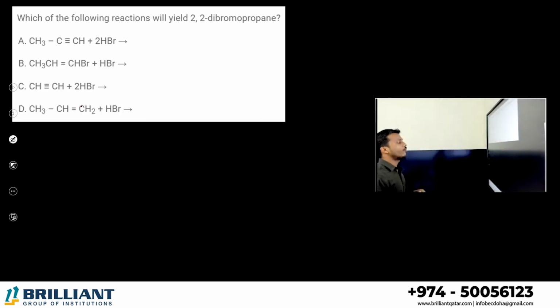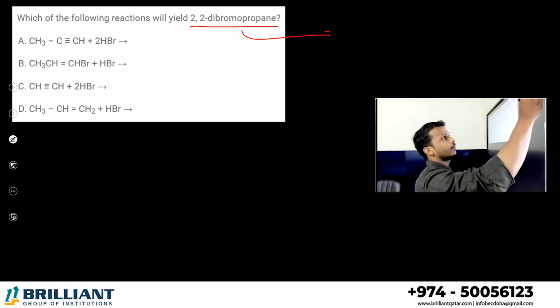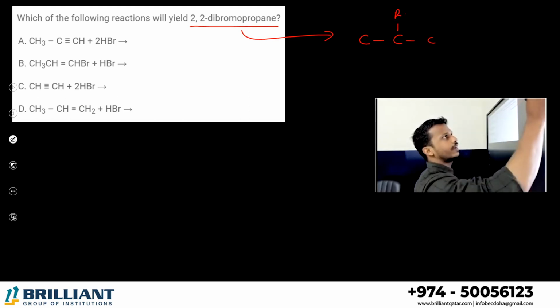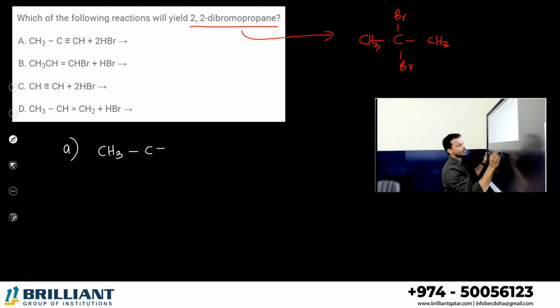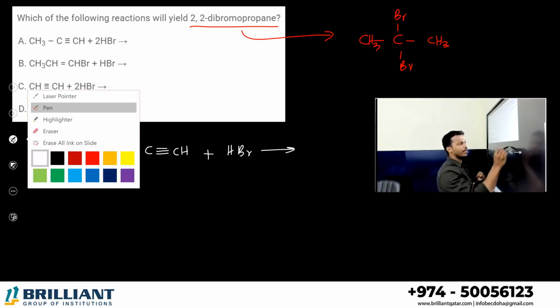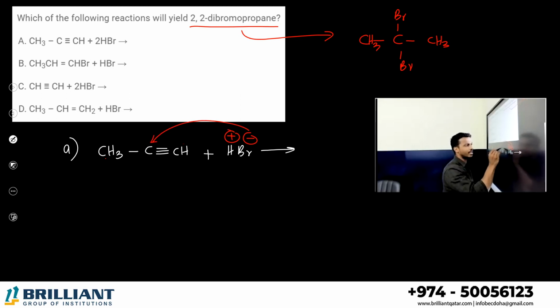Then, which of the following reactions will yield 2,2-dibromopropane? This compound we need. Let us check with option A. CH3C≡CH, propyne, treated with 2 HBr molecules. Let me treat with 1 HBr first. Is peroxide there? No. So Markovnikov's rule: Br minus is added to the carbon with fewer hydrogens.